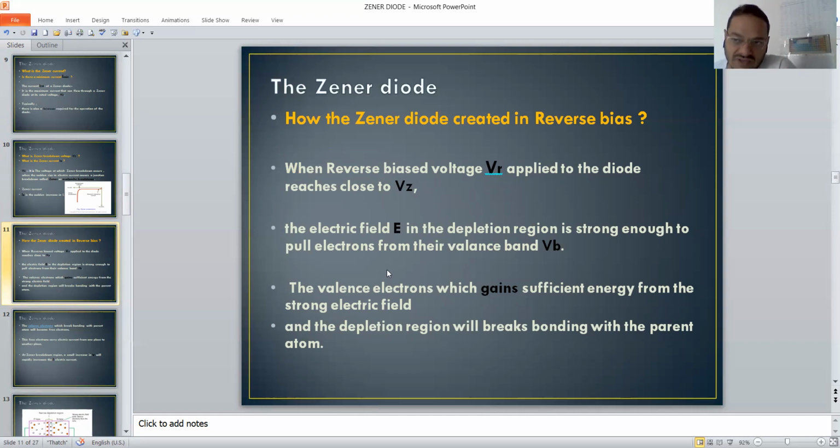We will explain that together. The electric field in the depletion region is strong enough to take the electrons from the valence band.